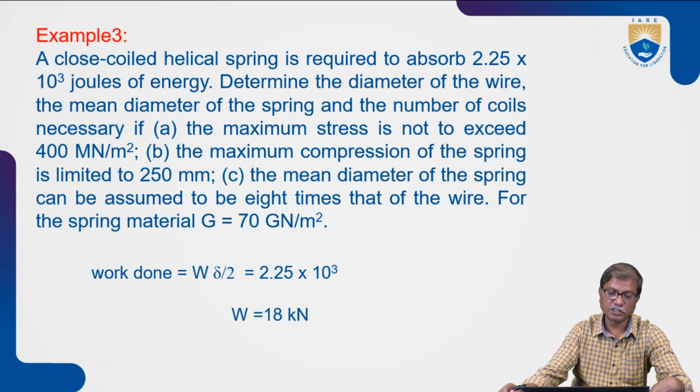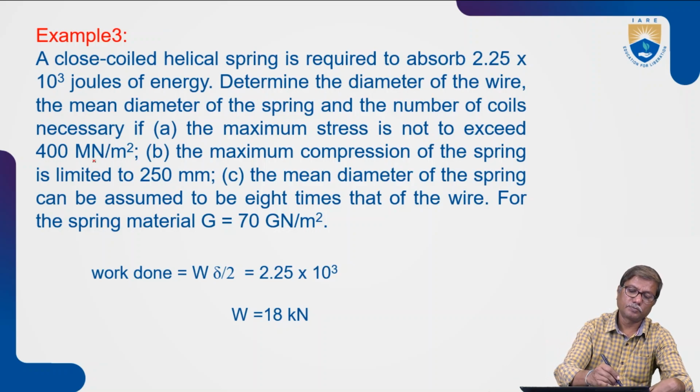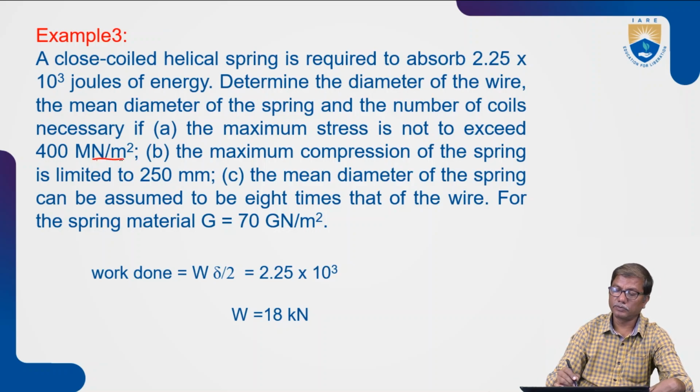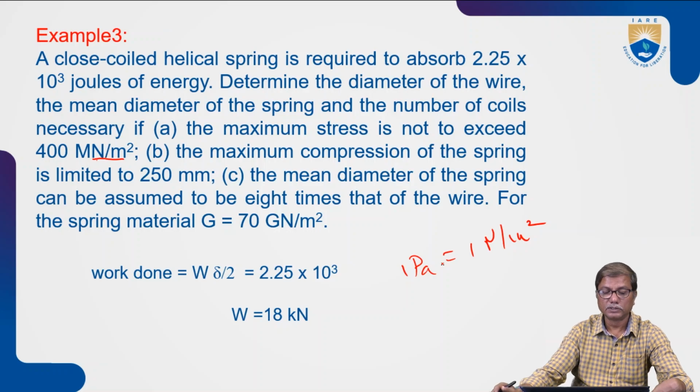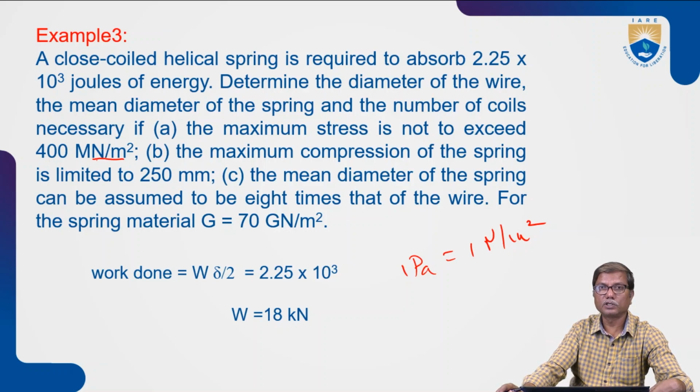Mega Newton per meter square is nothing but megapascal, because Newton per meter square is Pascal. 1 Pascal is 1 Newton per meter square. So 1 megapascal means 1 Newton per mm square.